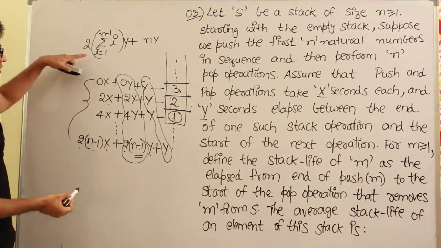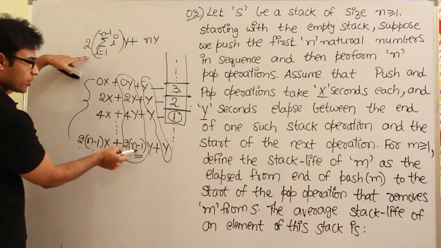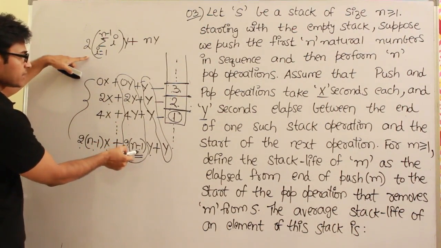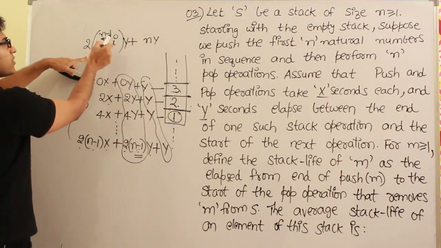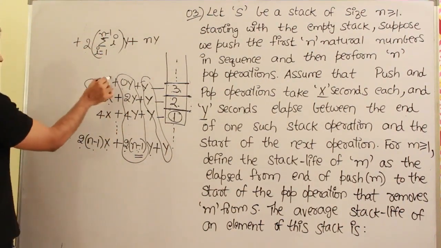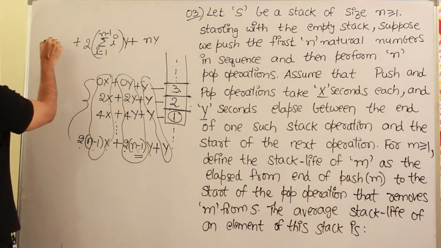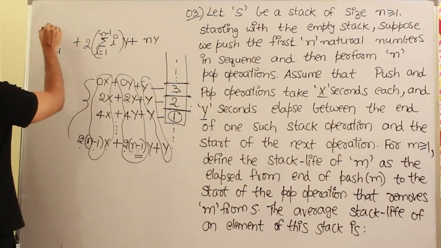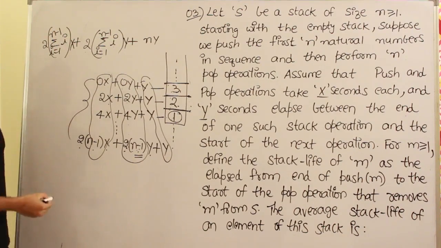Are you understanding it? Because it is 0, 2, 4, 6, so on to n minus 1. That is why it is the sum of all even numbers till 2n minus 1. I am pulling out 2 as common. Then what comes out? 2 into sigma i equal to 1 to n minus 1 i into y plus this term. This term can also be written like this: 2 into sigma i equal to 1 to n minus 1 i into x. Got it?